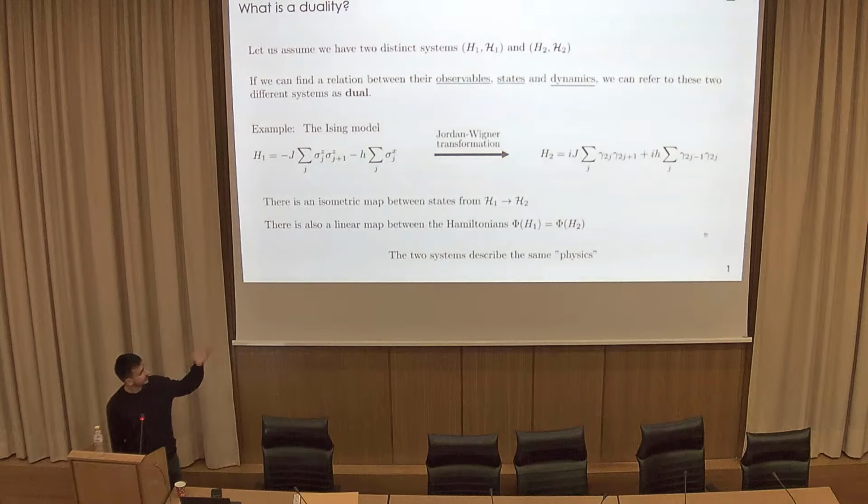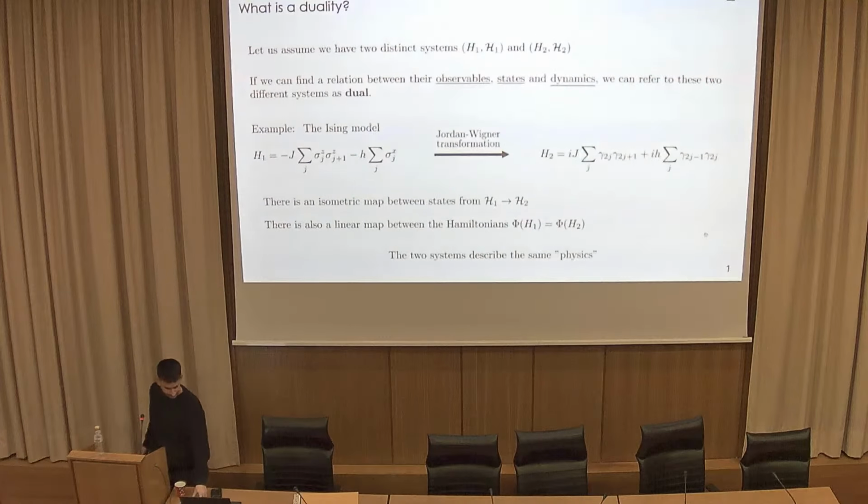However, the map between the Hilbert spaces of these two different systems is an isometric map, and also we have a linear map between the two Hamiltonians. These two Hamiltonians describe exactly the same physics. The transformation didn't change anything. So we can say that these two systems are dual with this very general definition we gave.